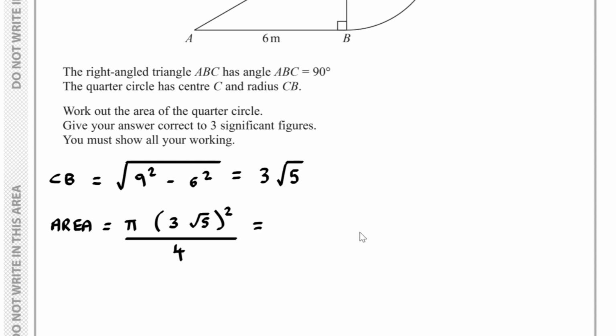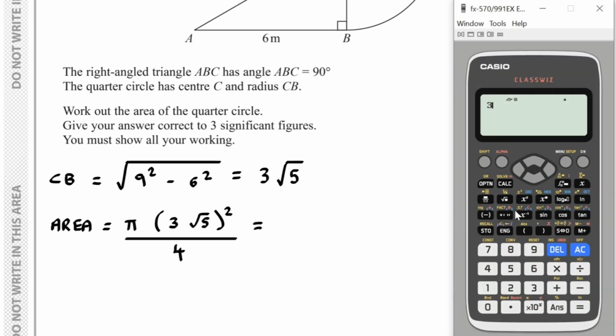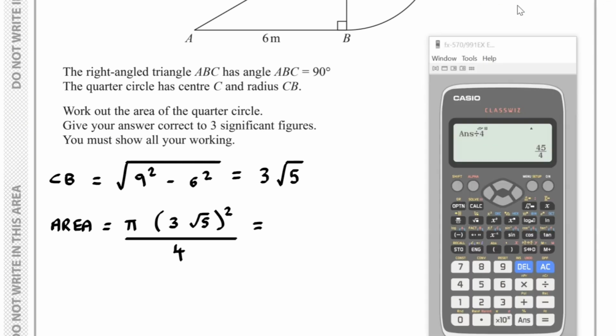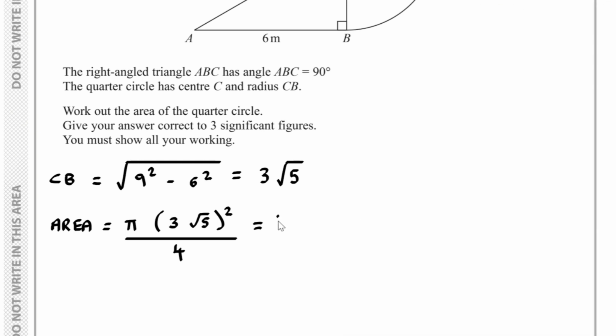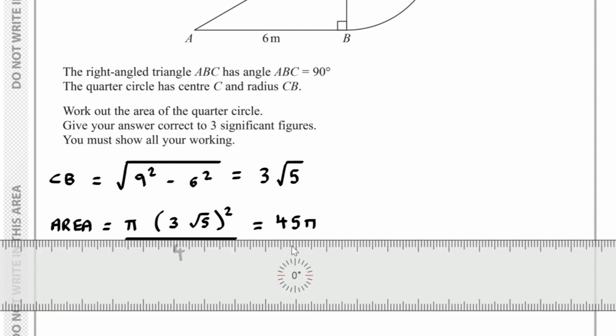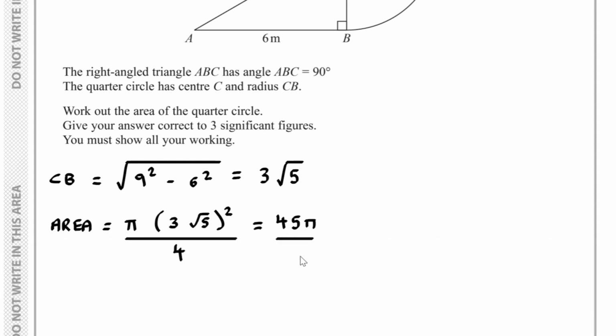So if I work this out, 3 root 5 squared divided by 4, it turns out we have 45 pi divided by 4.